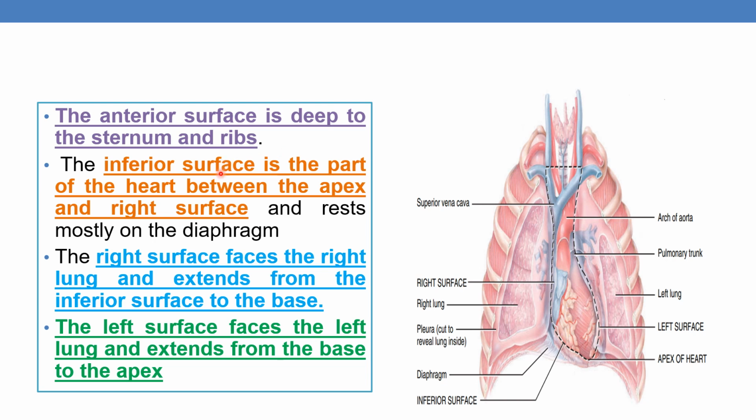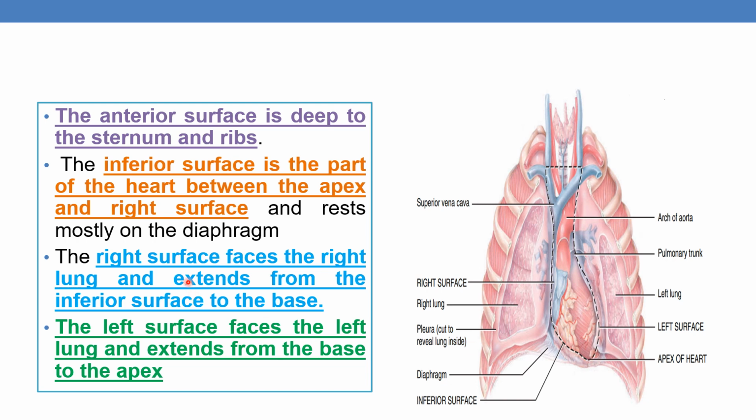The inferior surface is the part of the heart between the apex and the right surface, and it rests mostly on the diaphragm. So the inferior surface of the heart rests on the diaphragm.